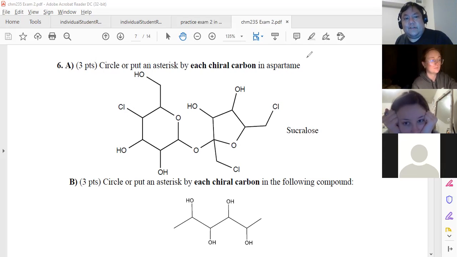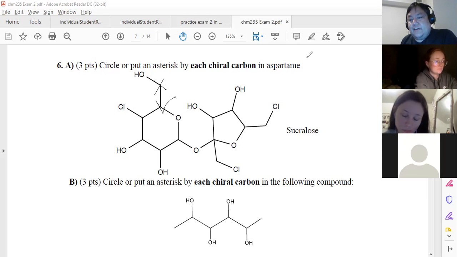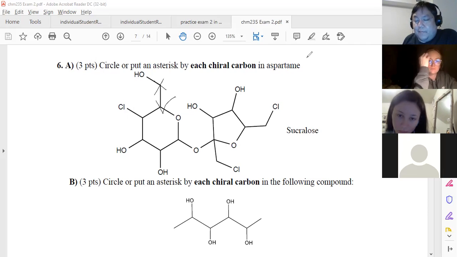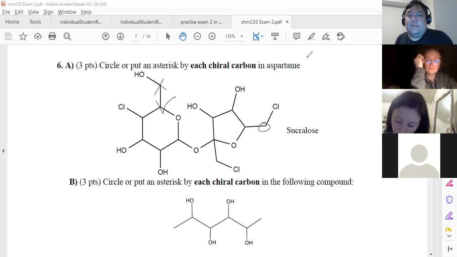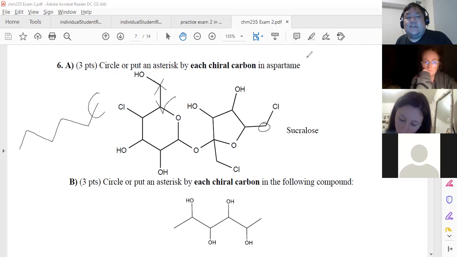So this is not a chiral center. This is a chiral center. Does that make sense how you have to go through and do that? The easiest way is to go through and eliminate any carbon that is bonded to 2 hydrogens. So if you have a carbon like this in a chain that's not attached to anything, you can eliminate that. If you have any carbon that is at the end of a chain, a terminal carbon, like a CH3, you can eliminate those as well.